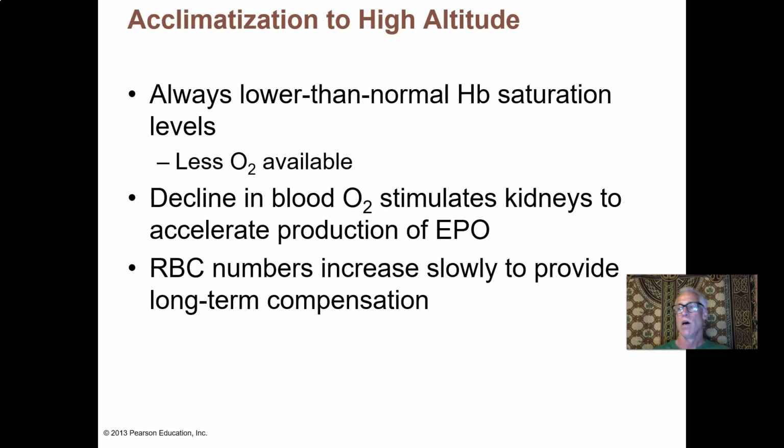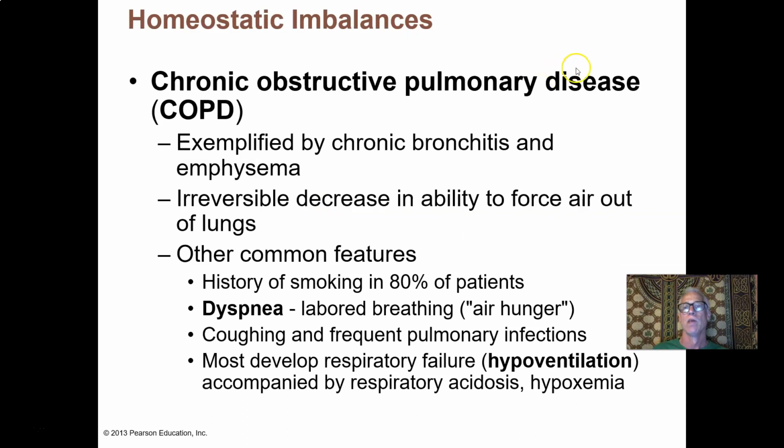We're going to have polycythemia if we stay at high altitude for a long time. We'll have a higher than usual hematocrit, higher than usual fraction of blood volume occupied by red blood cells. Now we've got more oxygen carrying capacity, and that'll help solve our problem of a lower available pressure of oxygen to push into the blood.